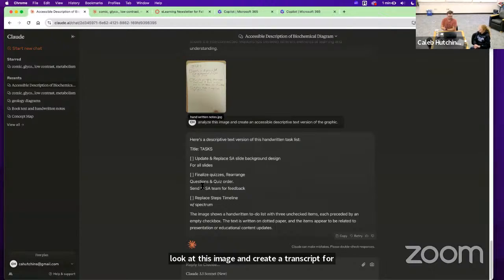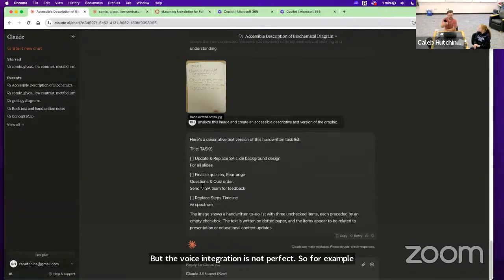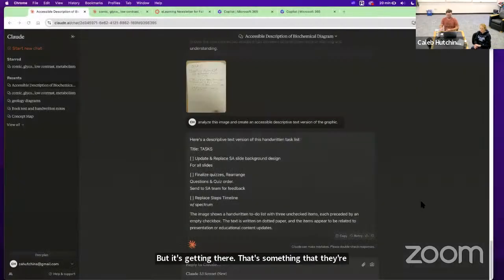It can do that. But the voice integration is not perfect. For example, I can't pick up my phone, point it at something, and tell it, take a picture and then give me a transcript. There are intermediate steps that it can't automate yet. But it's getting there. That's something they're working on, so I wouldn't be surprised if that becomes easier and easier going forward.